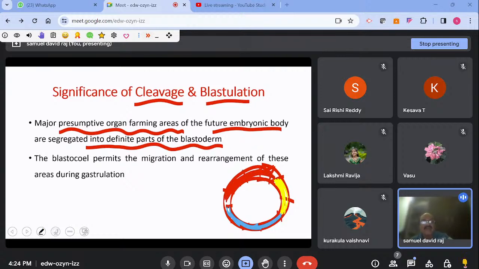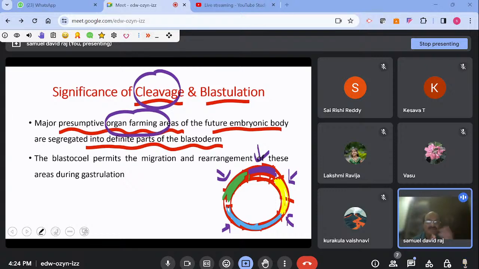Even in the ectodermal cells, certain cells form only the body wall, certain cells form only the nervous system. That means these areas of the blastula are produced due to different cleavage patterns, where the organ forming areas of the adult or the embryo are localized in their respective locations.